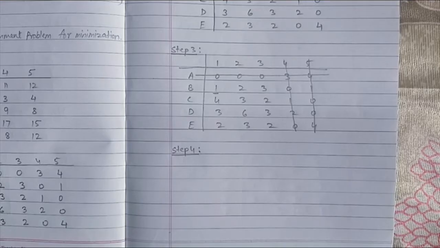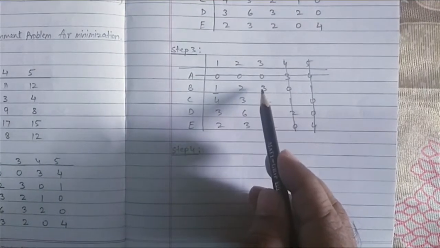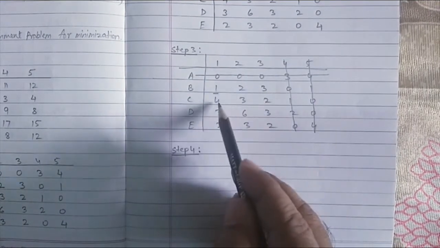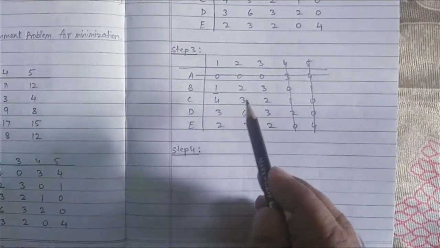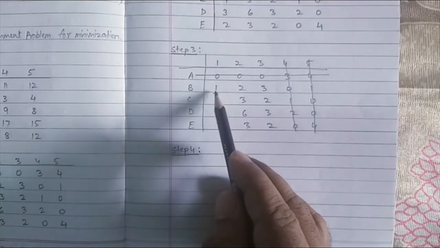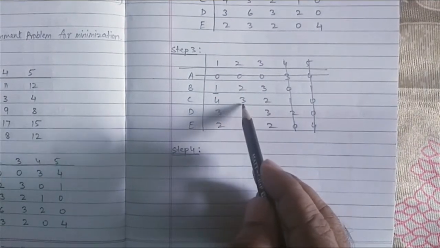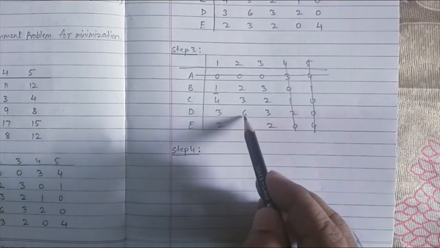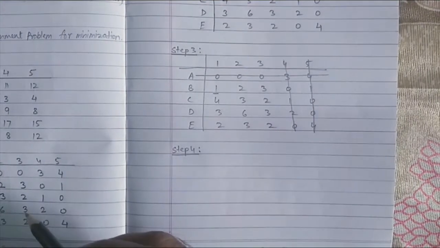Now what are the calculations? I am going to subtract 1 from all the uncovered numbers, like 2, 3, 4, 3, 2, all these. So 1 minus 1 will be 0 here, then 1, 2, 3, 2, 1, 2, 5, 2, 1, 2 and 1.